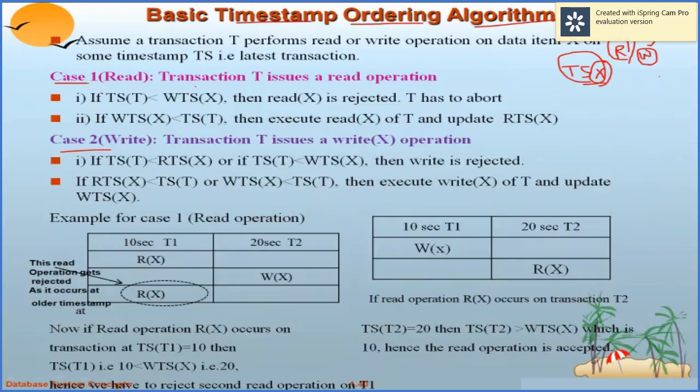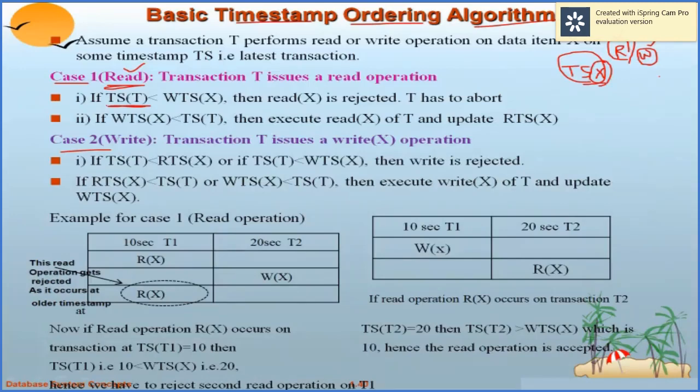The first case is for the read operation. So try to understand, TS of T in this case 1 is for read. I already said it can be read or write, so for my case 1, it is the read operation.